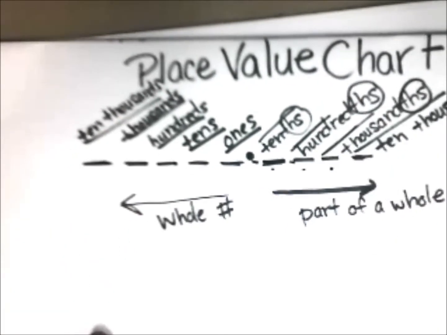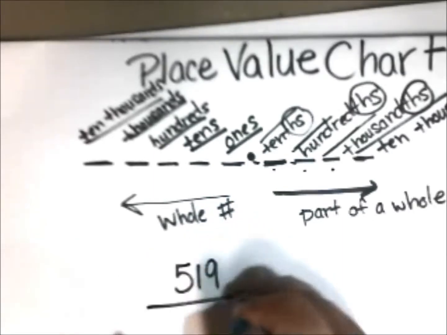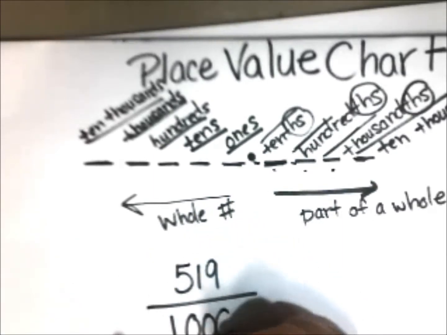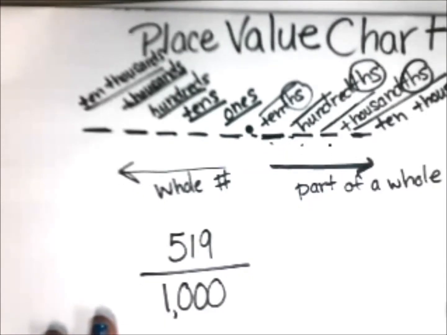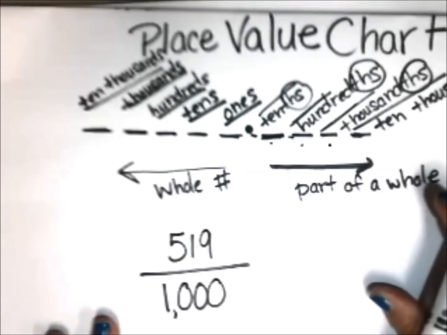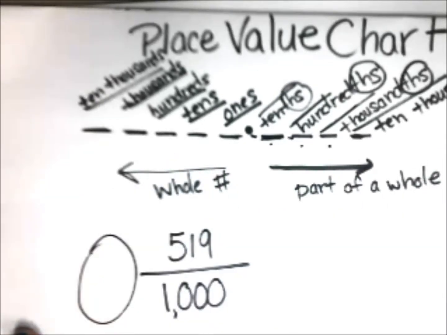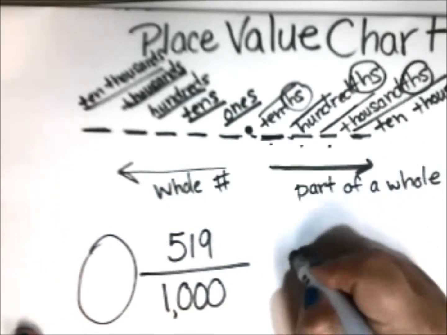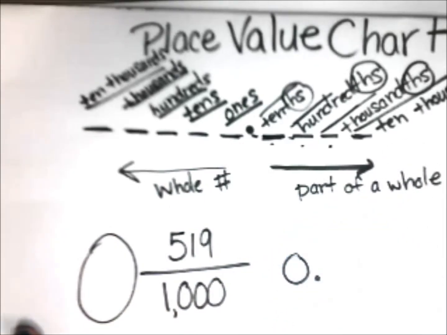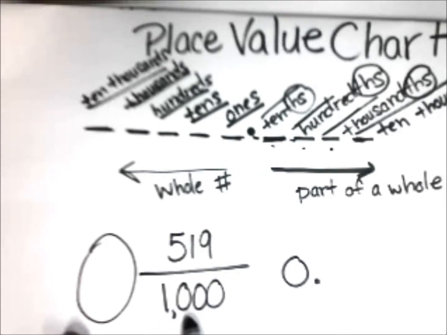If I have a fraction of, let's say, 519 thousandths, that is a very big fraction. We are going to turn it into a decimal using our place value chart. Because there is not a whole number listed here, like 5 or 3 or 2, we're going to put a 0 in front of our decimal point, and then I'm going to look on the bottom and see how many places behind the decimal point I need to fill.